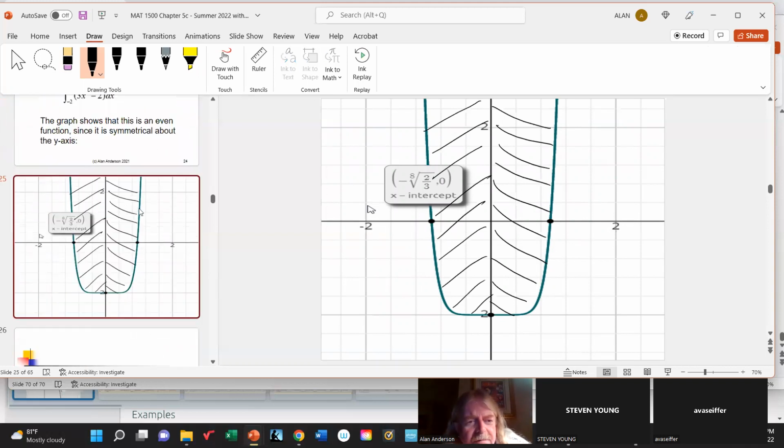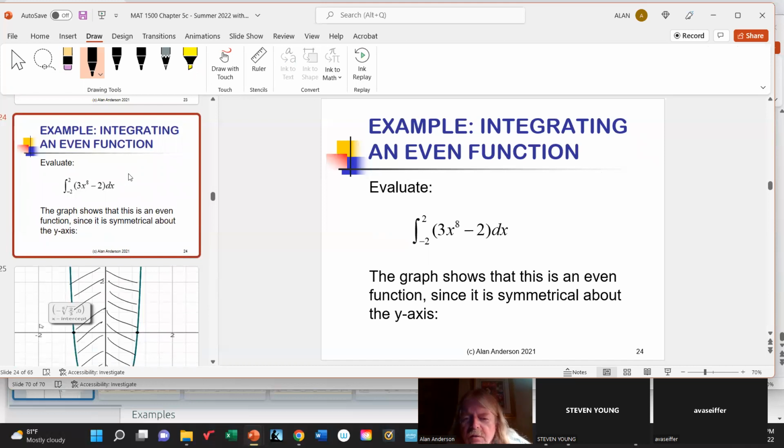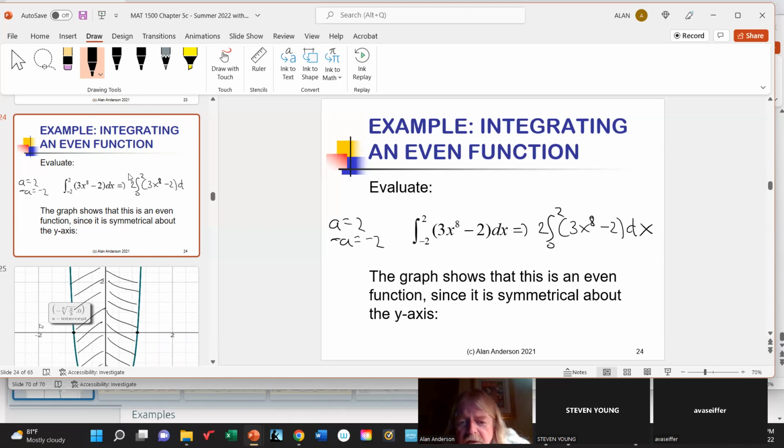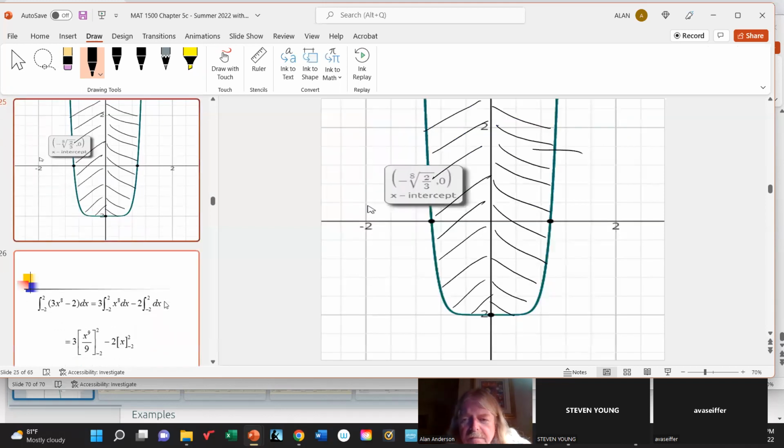So we already know that. And so if you think of a as 2 and -a as -2, the results that we just saw showed that this could be rewritten as this. So in other words, we can just focus on the right-hand side.